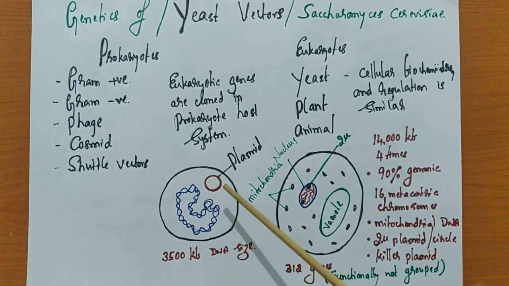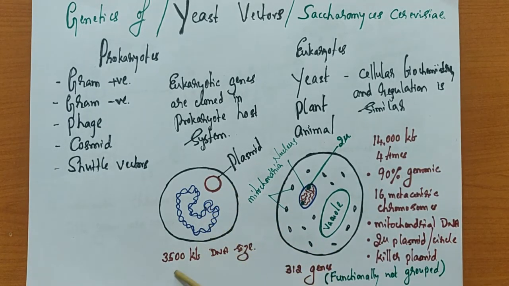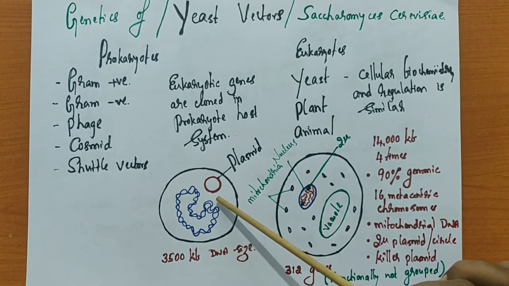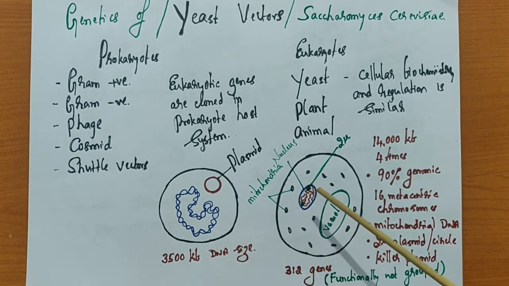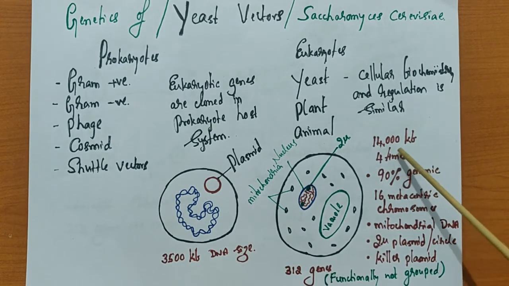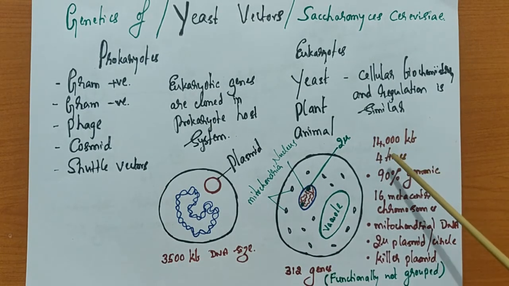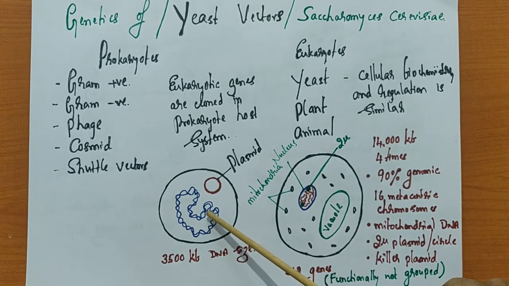When it comes to the genetic component, the size of the genetic material is approximately 3500 kilobases in the case of E. coli, whereas in a yeast cell it is 4 times bigger, around 14,000 kilobases. This genetic content is 4 times larger than that of prokaryotic E. coli.